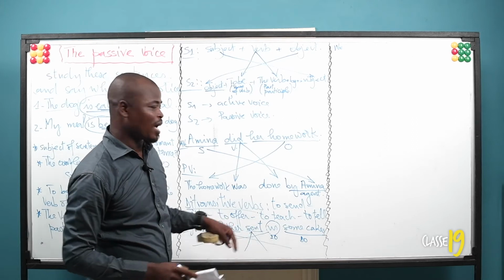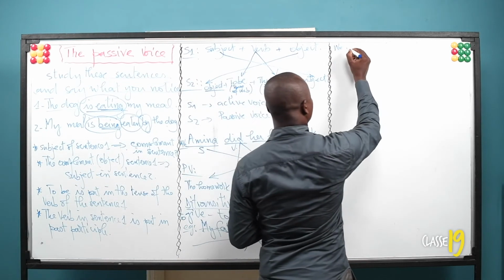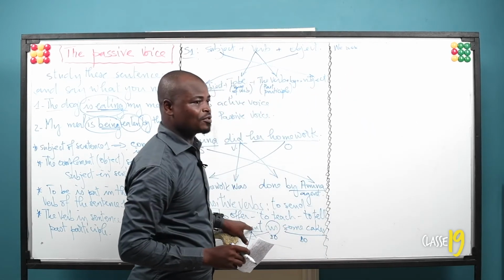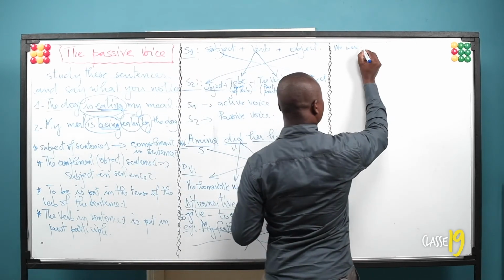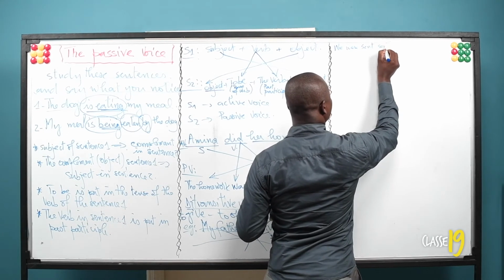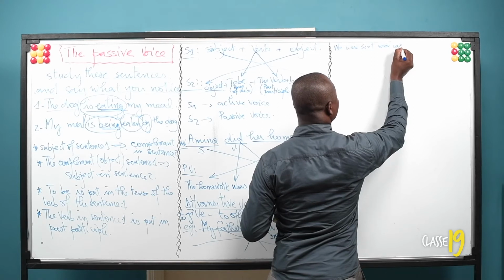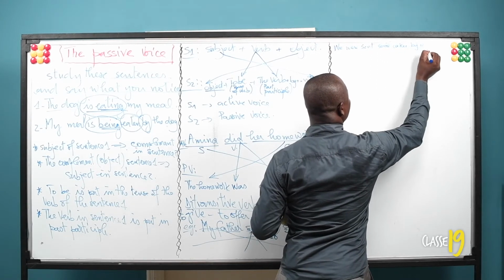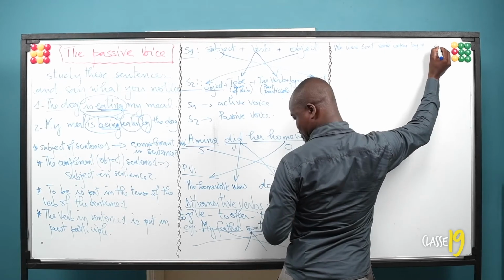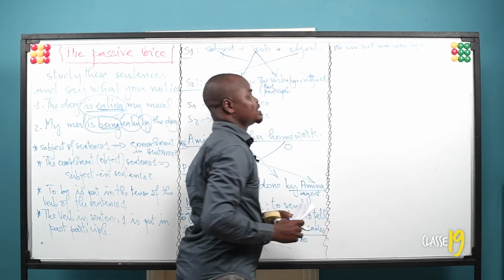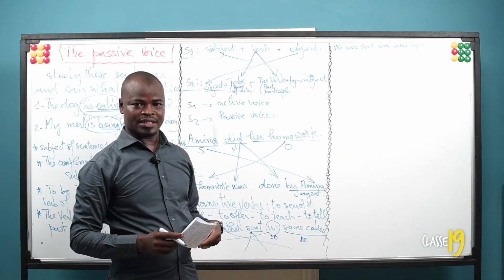To be in simple past with we, we have we were. Now the past participle of the verb to send: we were sent some cakes by my father. Okay? That is the first case.